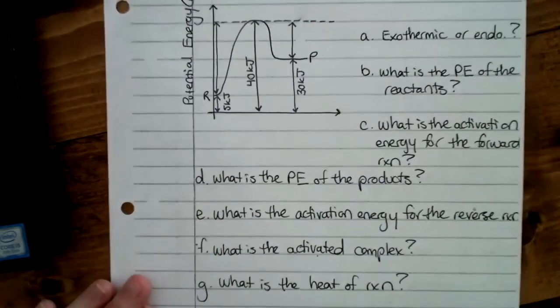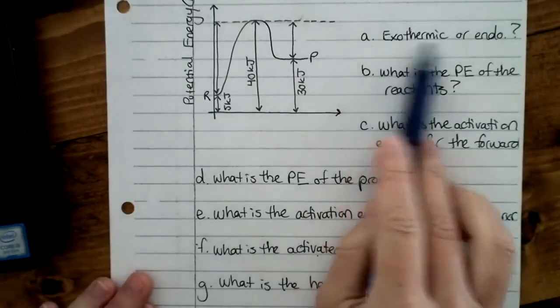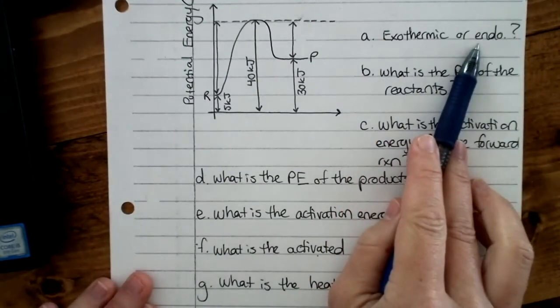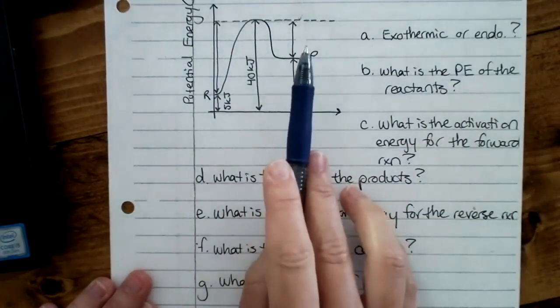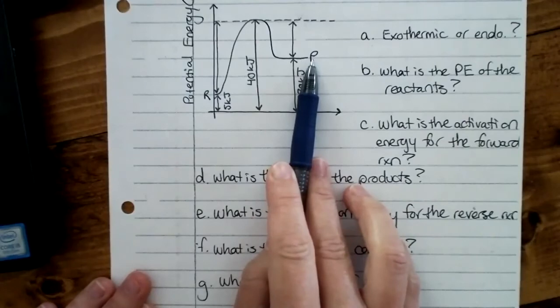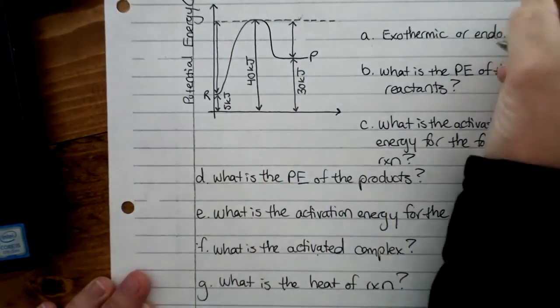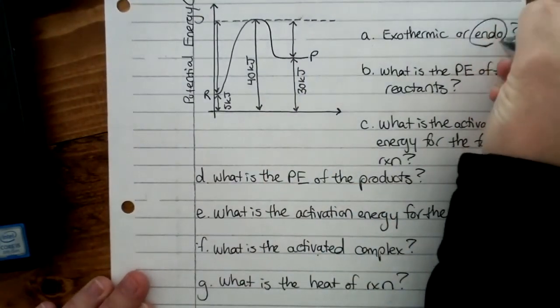So the first question is, is this an exothermic or an endothermic reaction? Well, which one has more energy, the reactants or the products? The products had more energy. That means that more energy was absorbed than was released. So this is an endothermic reaction.